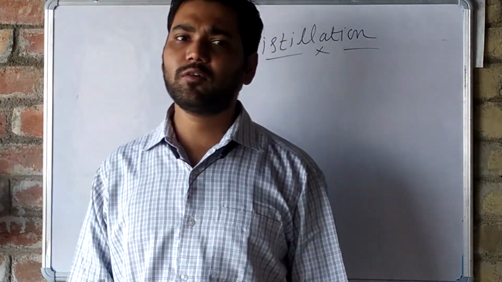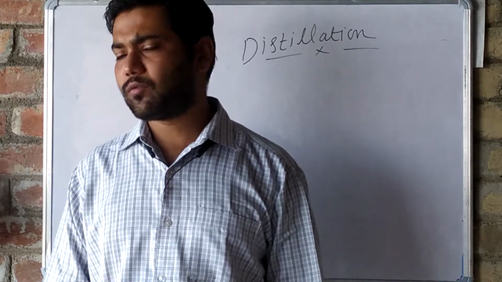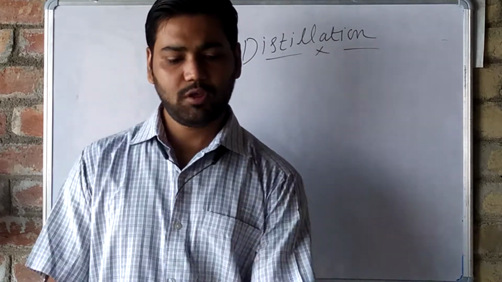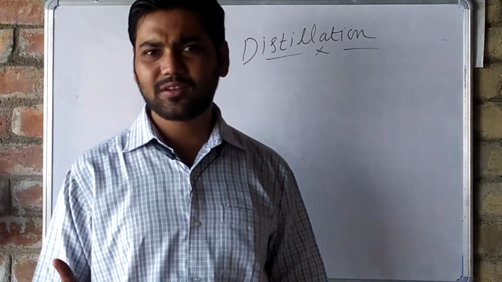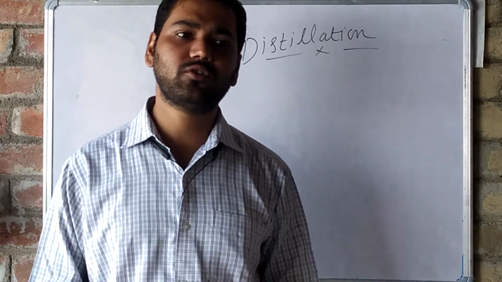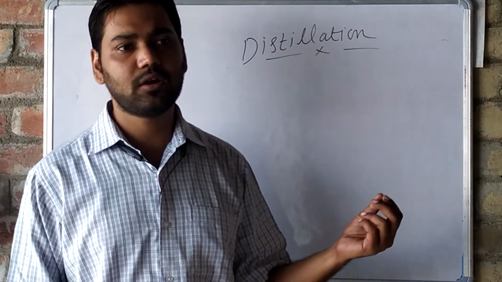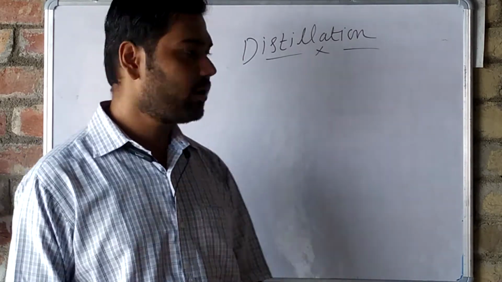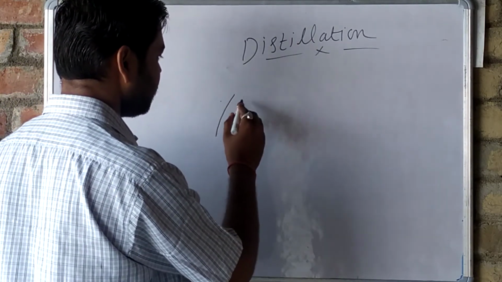Distillation is also one of the ways in which we can separate out a liquid from a mixture of salt. That is also one of the setups. We will burn a Bunsen burner from below. The setup will be something like this.